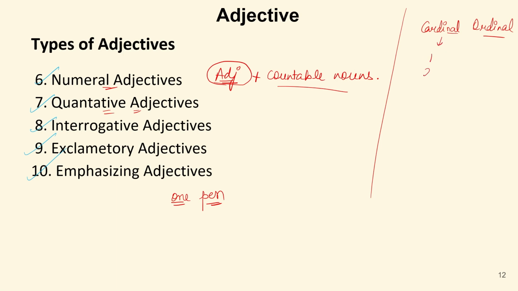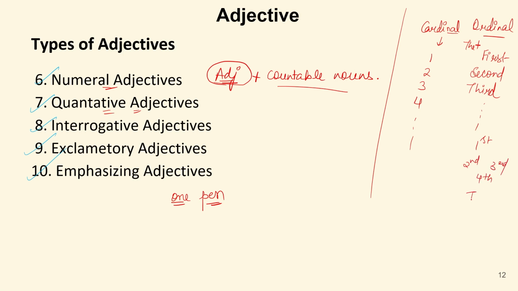Cardinal numbers are 1, 2, 3, 4 and so on. Whereas ordinal are first, second, third, fourth and so on. So these are ordinal numbers. Before ordinal numbers, we always use the. Also, ordinal numbers can be written in this form, like this.